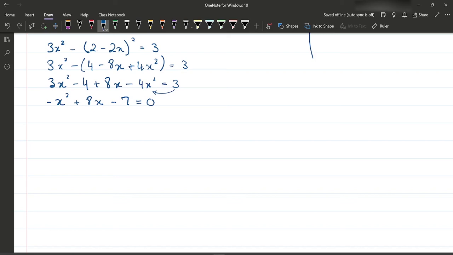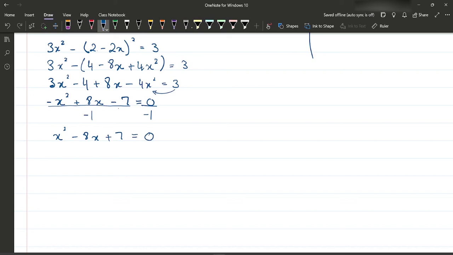How do I do that? I'm just going to divide both sides by minus 1. This flips everybody's sign over, and I'm okay with that, and since it's 0, the sign doesn't really matter.